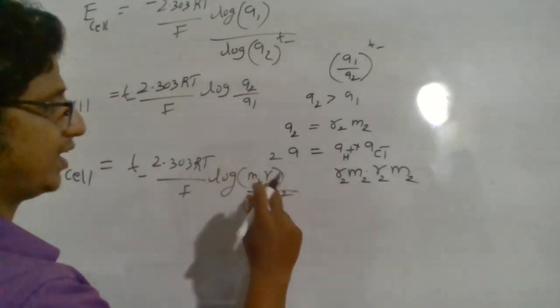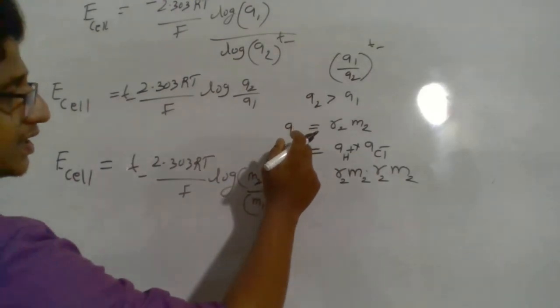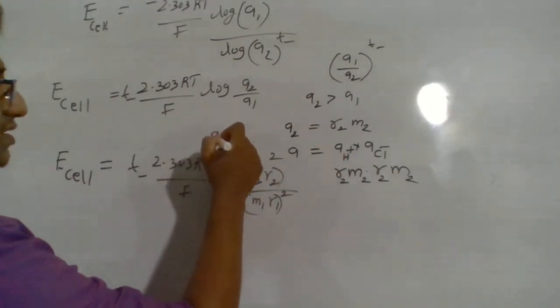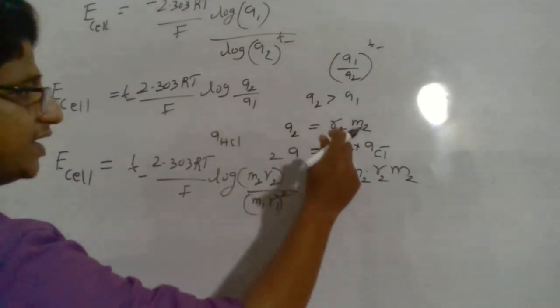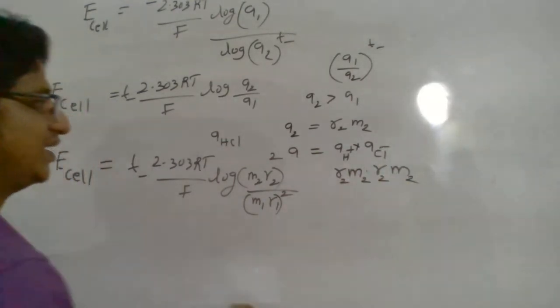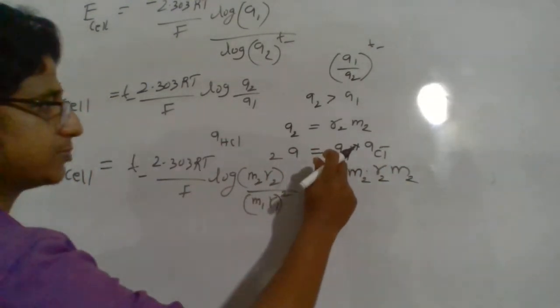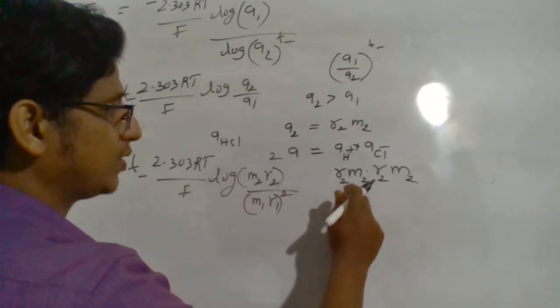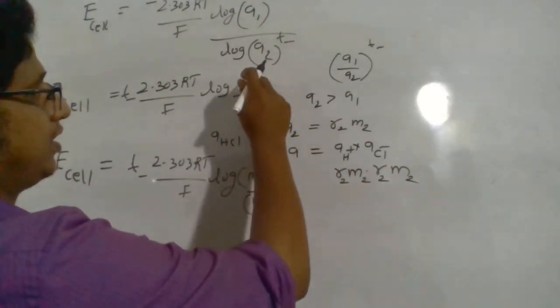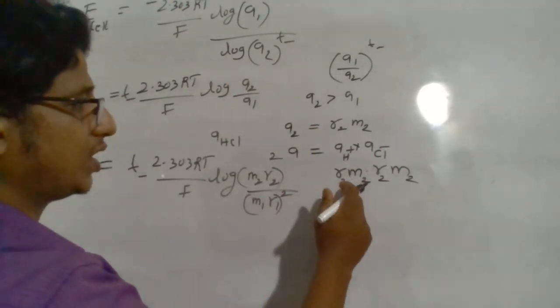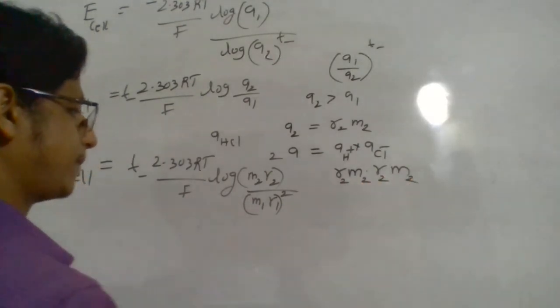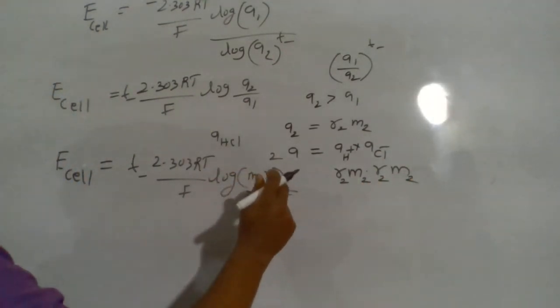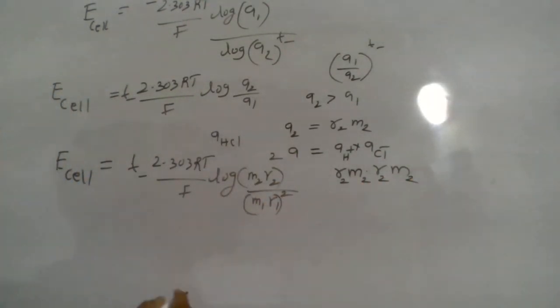What we have done is express the activity of HCl. Activity of HCl will be equal to activity of H plus into activity of Cl minus. So activity of H plus will be gamma 2 M2 for electrolyte A2, so gamma 2 M2 into gamma 2 M2, so M2 gamma 2 whole square divided by M1 gamma 1 whole square.